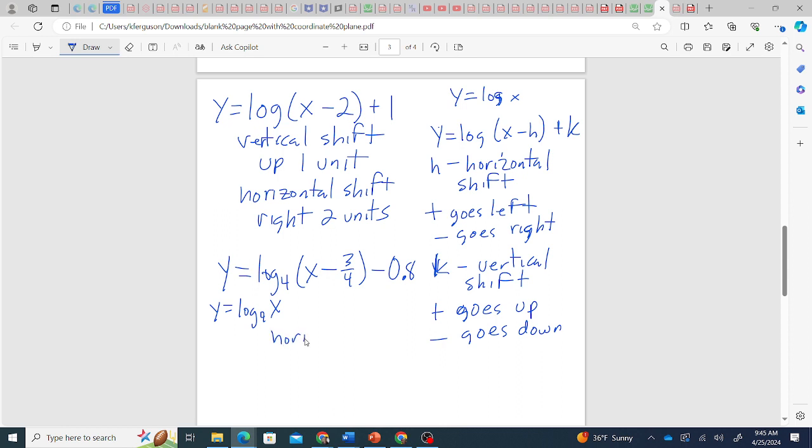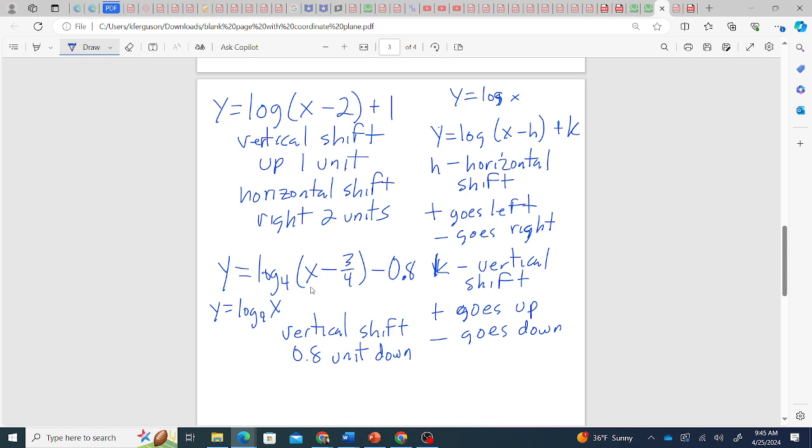Okay, so horizontal. Horizontal doesn't go down. Horizontal goes left to right. Okay, we're doing vertical then, my fault. So vertical shift doing what? Say it again. Yep. Vertical shift 0.8 units down. The reason I did that was because I don't care if it's a decimal or a fraction or a whole number, because that doesn't matter.